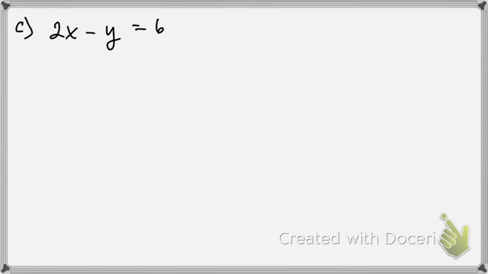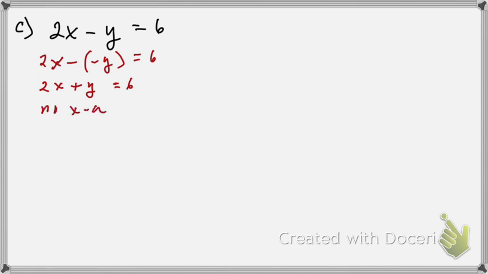So we'll test for x-axis first. So I put 2x minus a minus y. I got 2x plus y equals 6. No x-axis. Let's check for y.